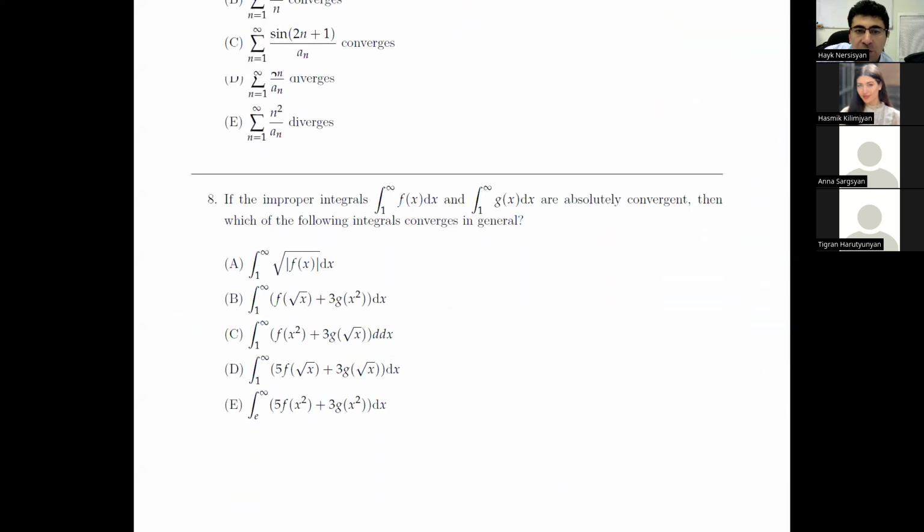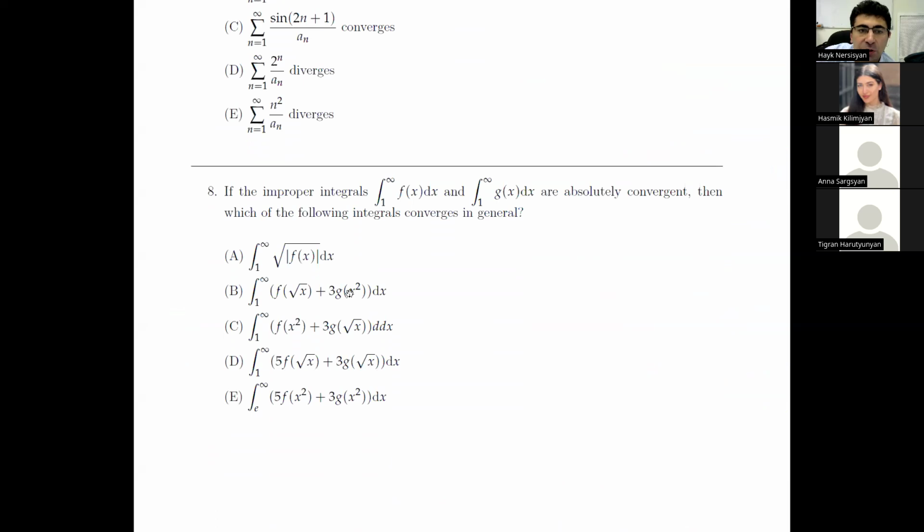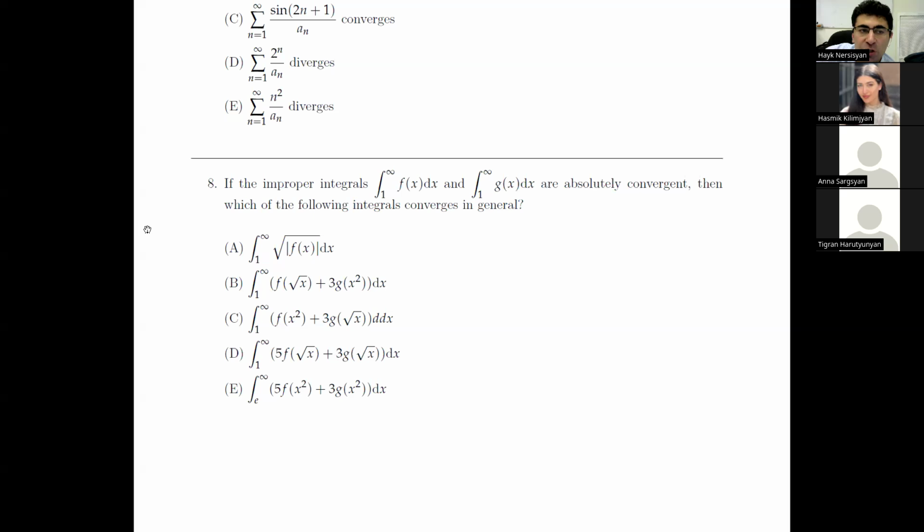We are given 2 improper integrals which are absolutely convergent. And which of the following integrals converge in general? Okay, so we know that the integral from 1 to plus infinity of modulus f dx is convergent.